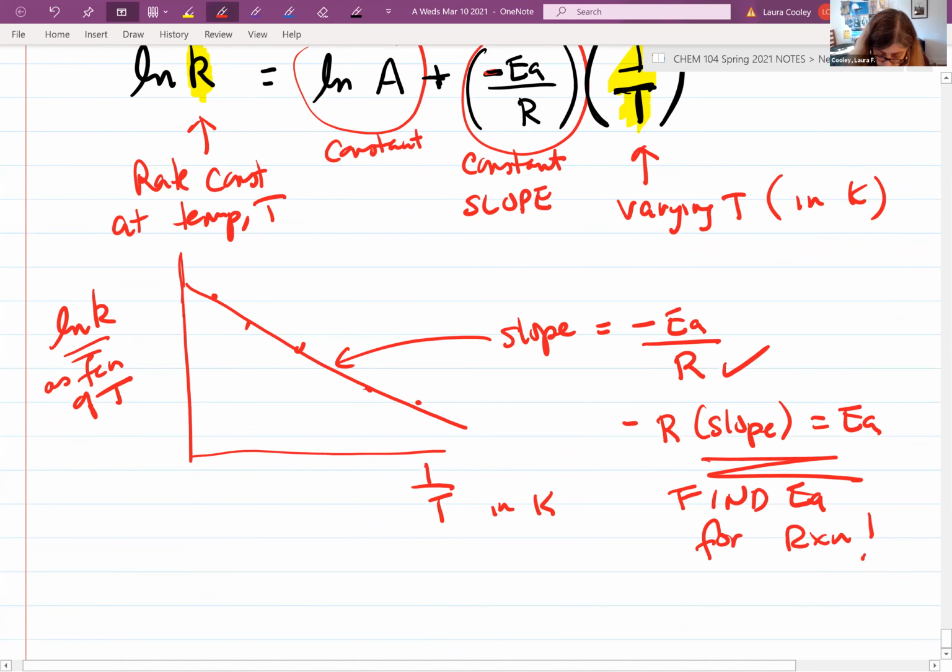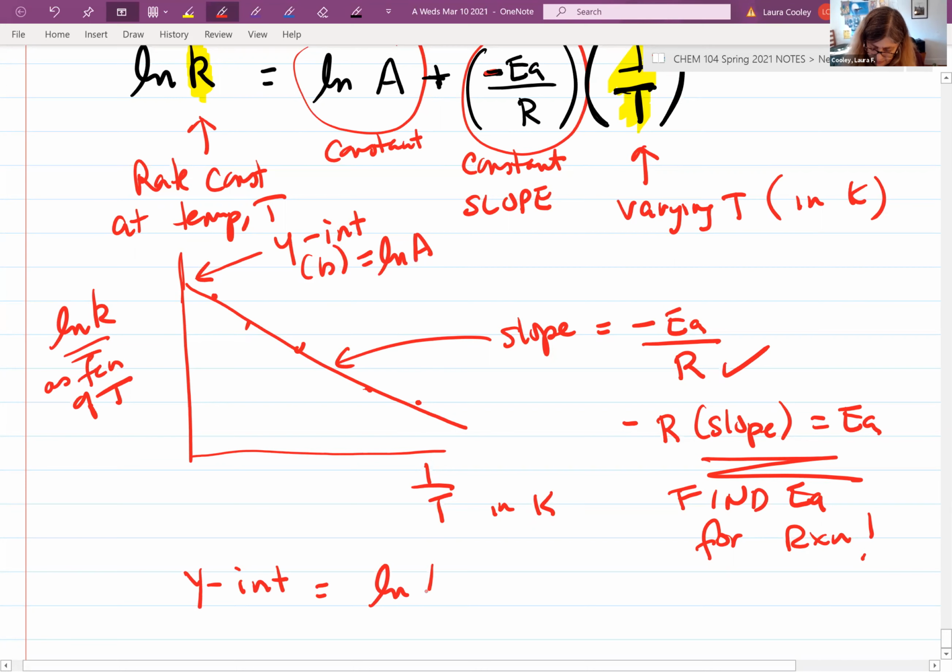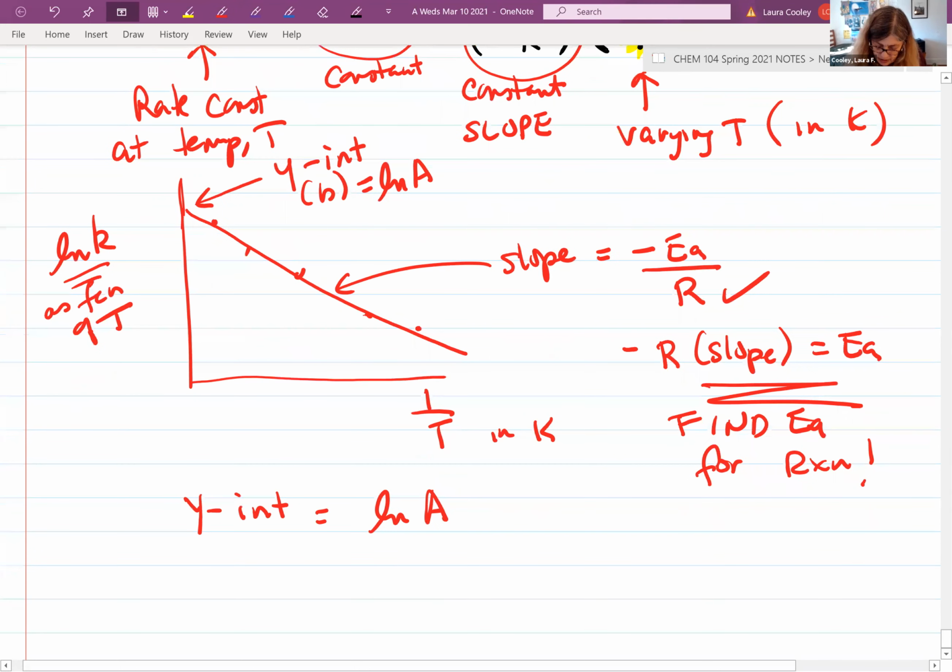We will also find the y-intercept, which is equal to that frequency factor, that pre-exponential factor. Oh, I'm sorry, it's not A, it's the log of A. So if I take e to the y-intercept, it's going to be the frequency factor.